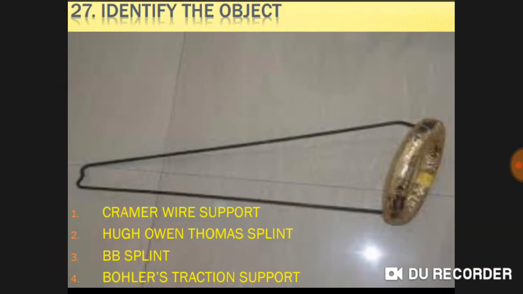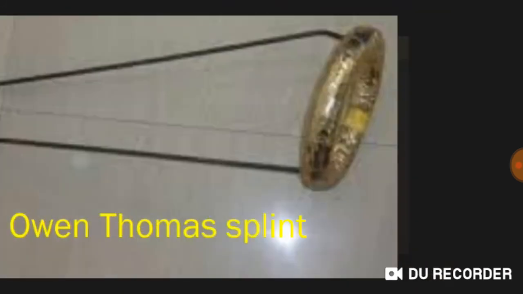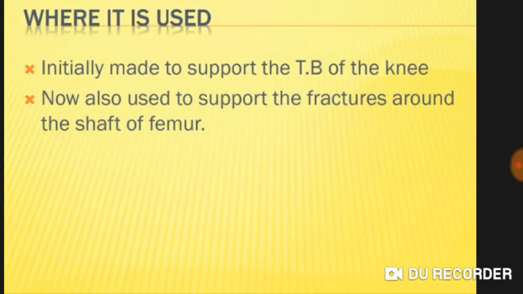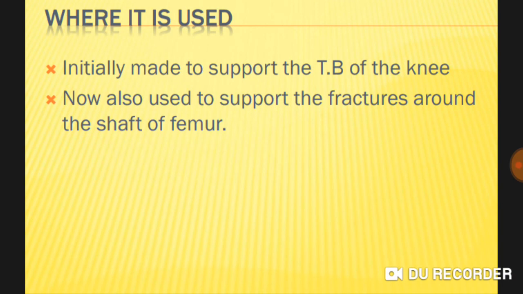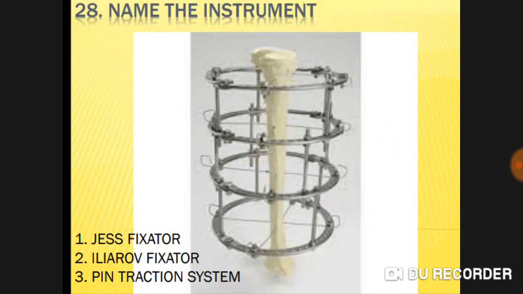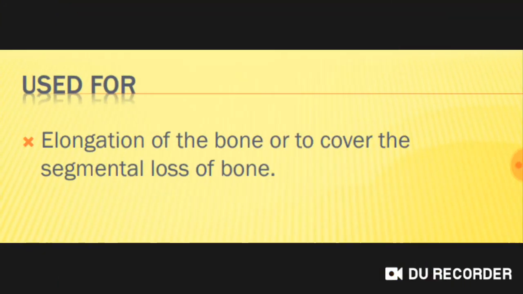Identify the object. This is Hugh Owen Thomas splint. Thomas splint. Initially made to support the TB of knee, now also used to support the fracture around the shaft of femur. Okay. Name the instrument. Ilizarov fixator. The scientist who discovered this is Ilizarov.